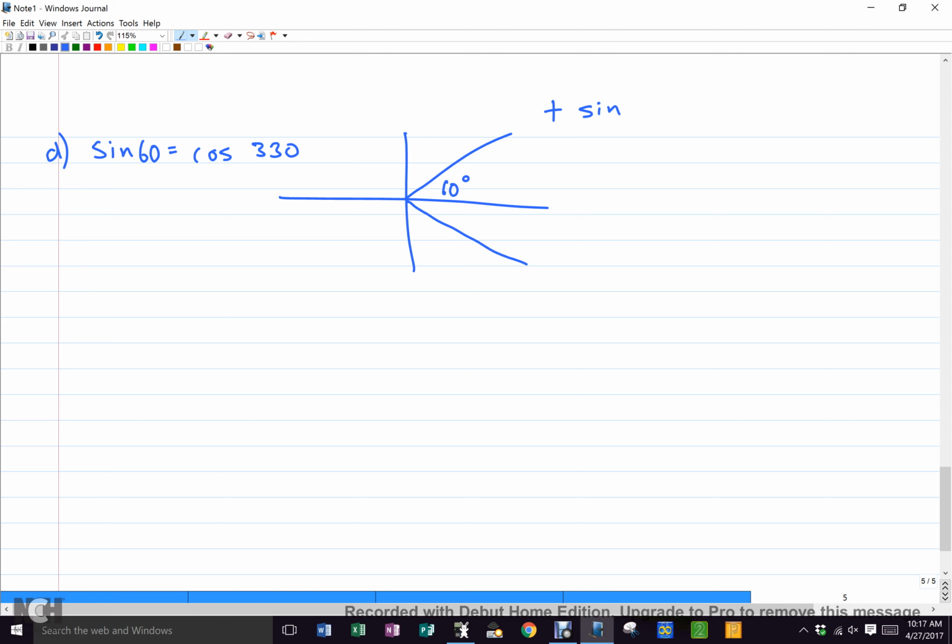And cos 330 is down here, 30 degrees, right? When I check this, 30, this has to be positive, positive.